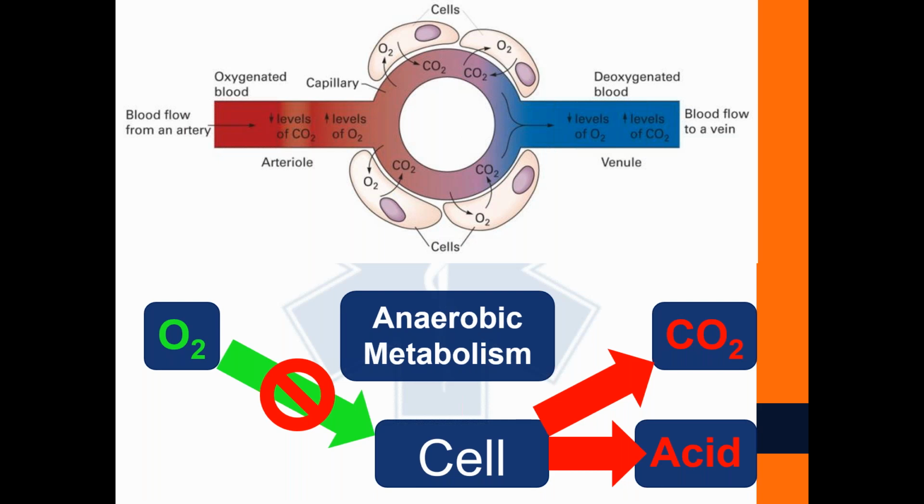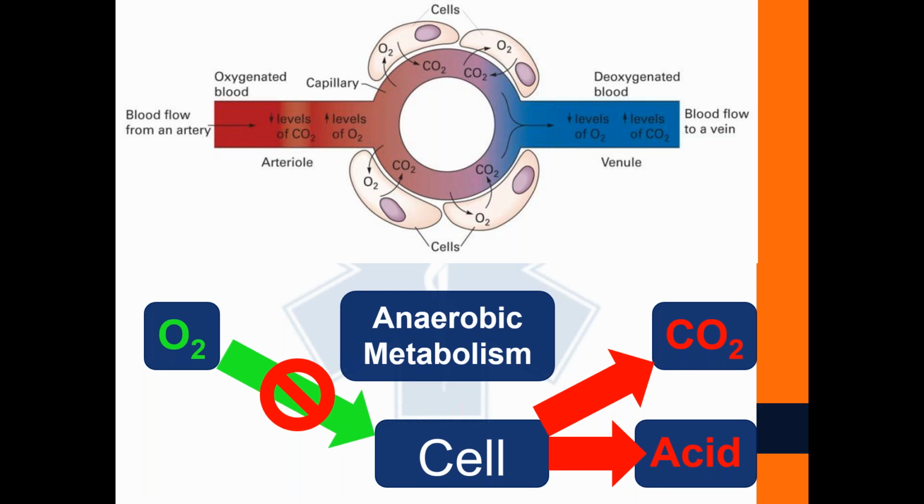Because in order to carry out their mission, every single cell needs to create what is called adenosine triphosphate, or ATP. That is the little lightning bolt for every single cell in our body. If we are in anaerobic metabolism, because we don't have oxygenated blood flow to these cells, on top of the carbon dioxide that it would produce normally, which is acidic to begin with, it produces things like lactic acid and a whole bunch of other cellular byproduct.